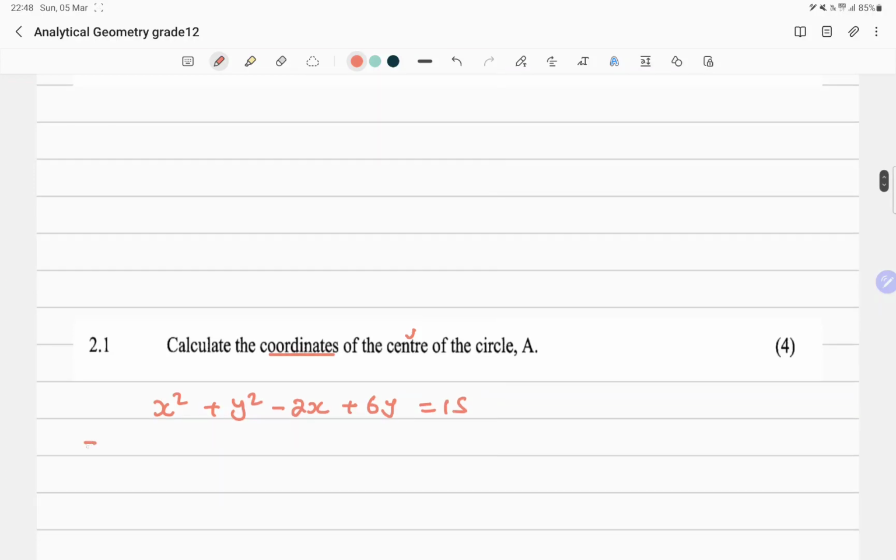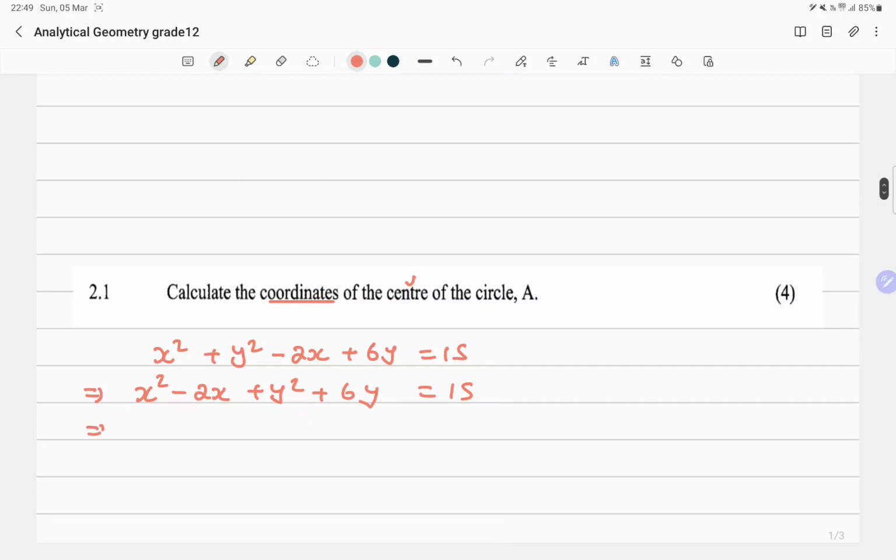Now, what does this imply? We want to put this in the standard form for a circle. So we group x squared minus 2x, and then plus y squared plus 6y equals 15.